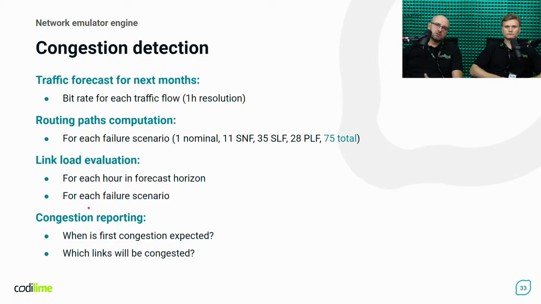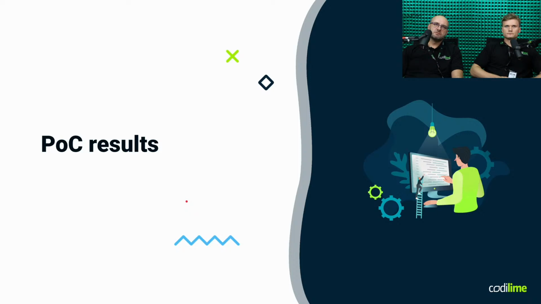And just comparing the expected traffic to the current capacity, we can indicate the time and which network elements are expected to be congested.